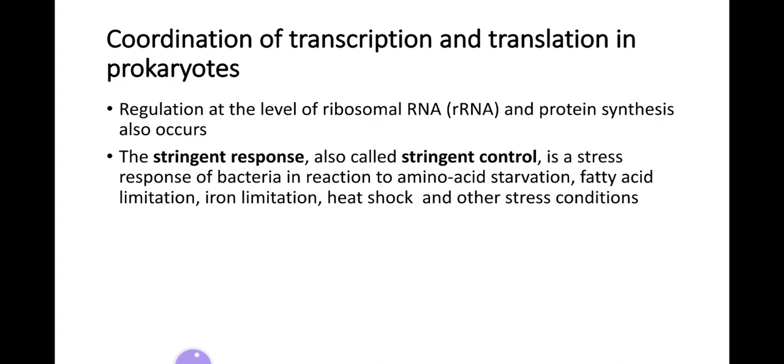What is the stringent response? This is also called the stringent control. It is a stress response of bacteria in reaction to amino acid starvation, fatty acid limitation, iron limitation, heat shock and other stress conditions.